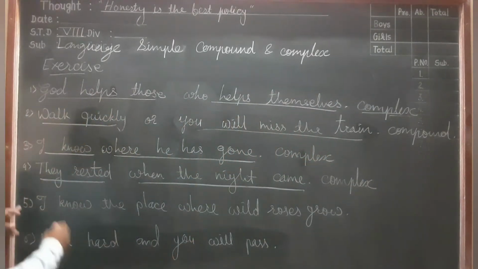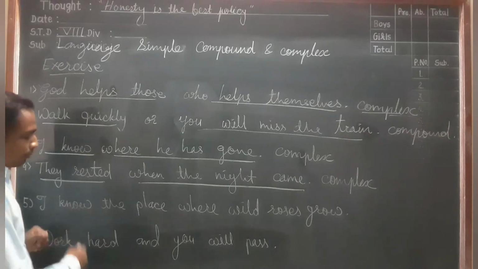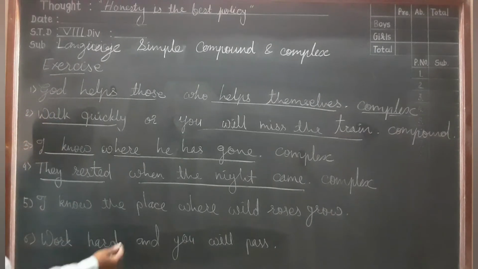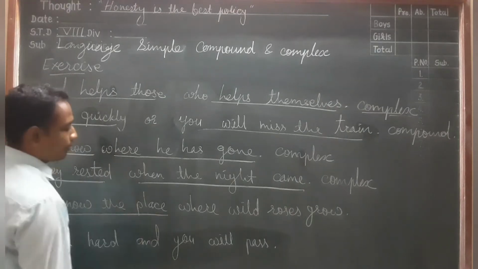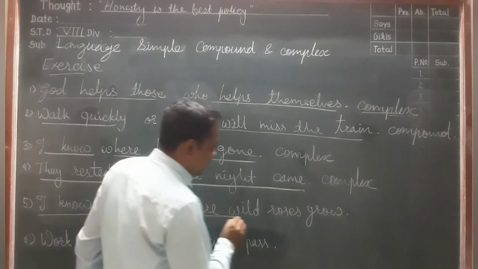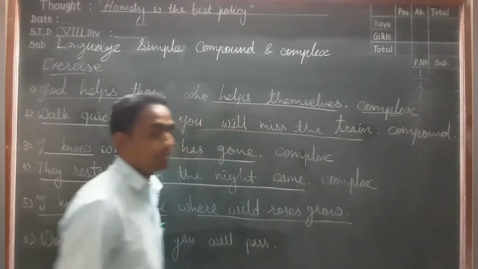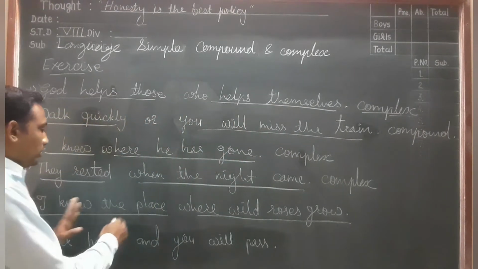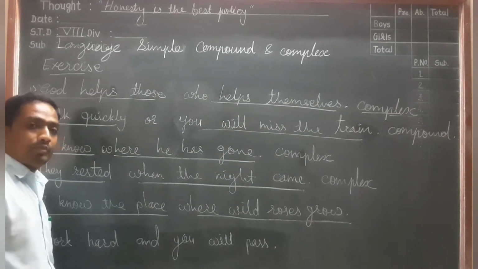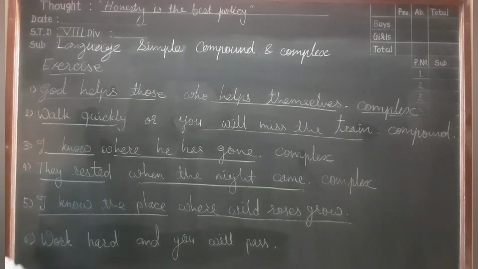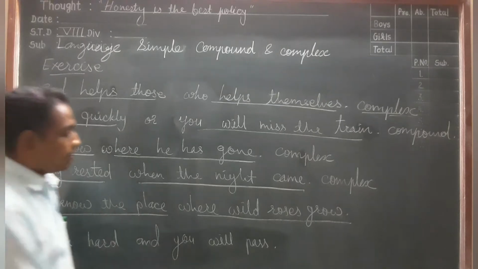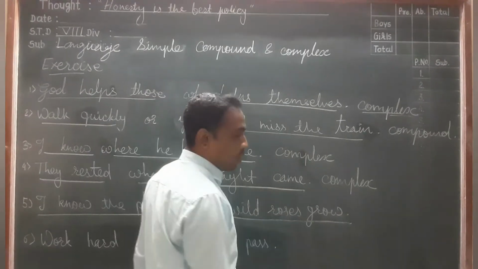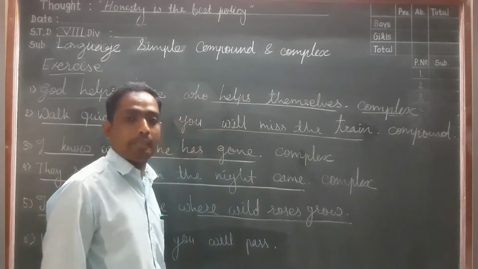After it, number 5: I know the place where wild roses grow. I know the place can make its meaning, but where wild roses grow is not an independent clause.